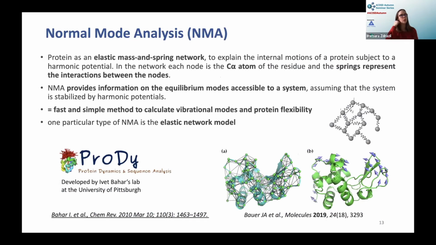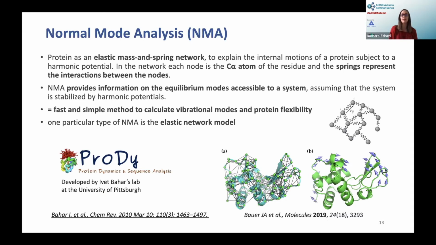So the normal mode analysis, I promised to explain this a little bit more. This is a coarse-grained method basically. What you do here is you represent your protein by an elastic mass and spring network. The C alpha atoms are basically the nodes, and the springs represent the interactions between the nodes.